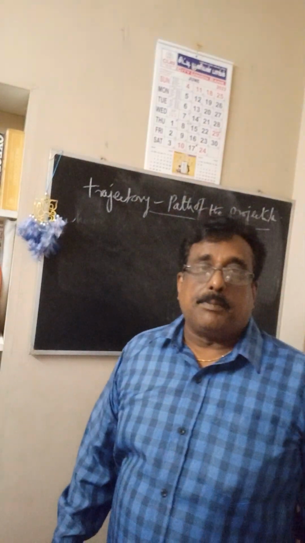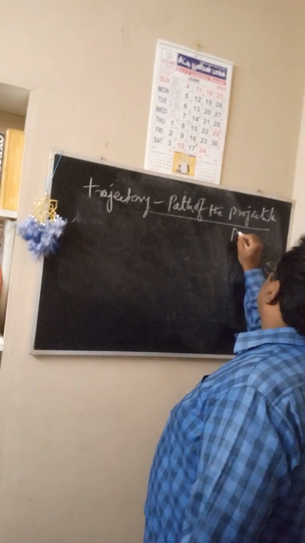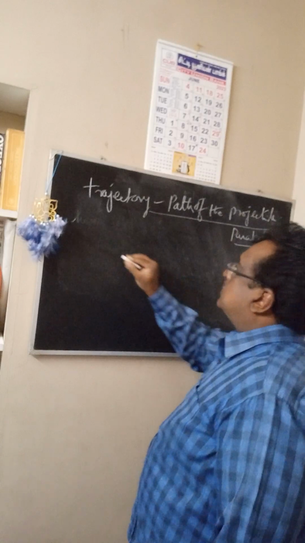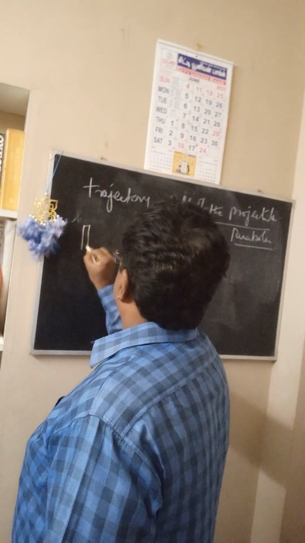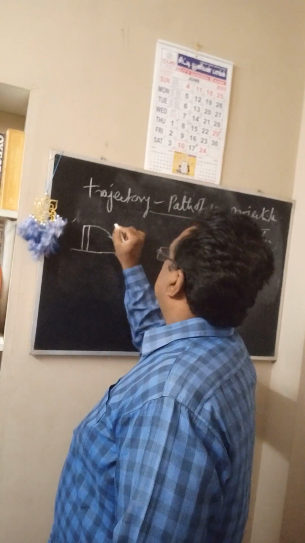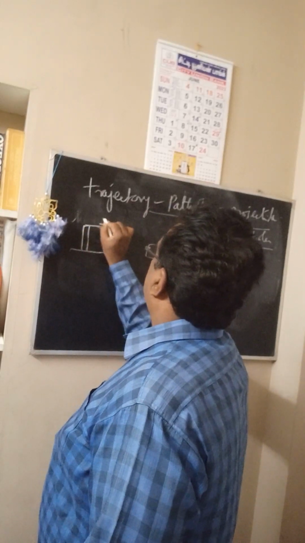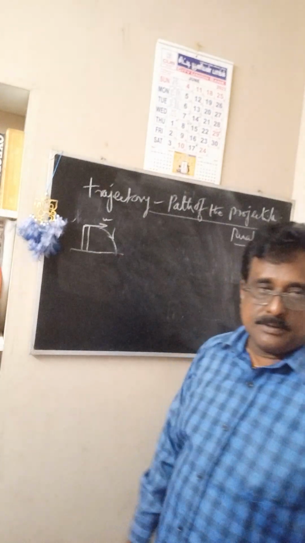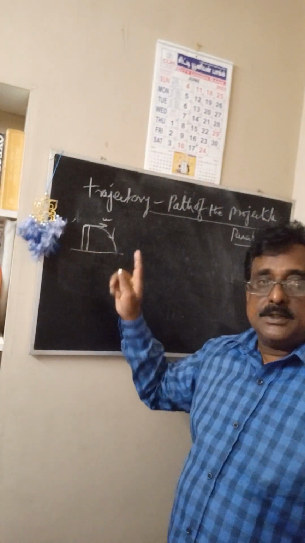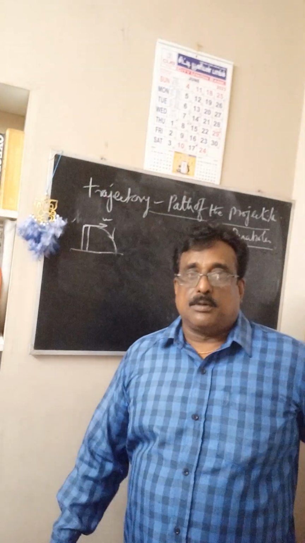It is nothing but a parabola. So when you throw a stone from the terrace and give a horizontal velocity, it falls like this. We call it a horizontal projectile.